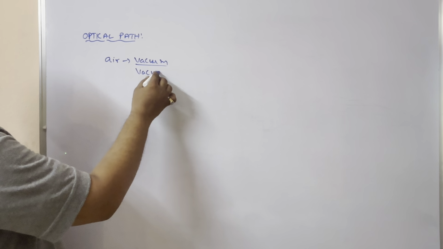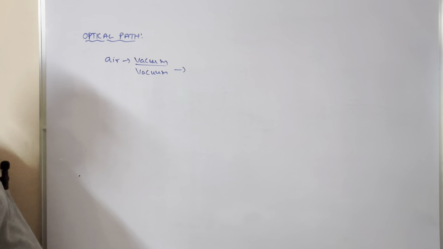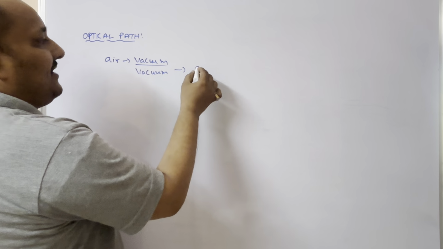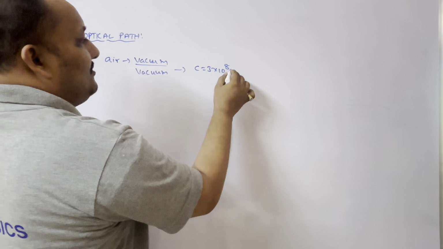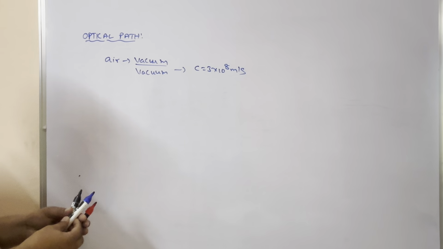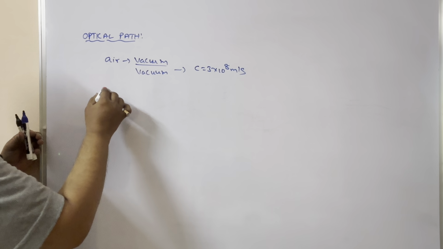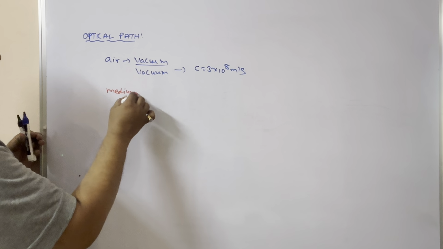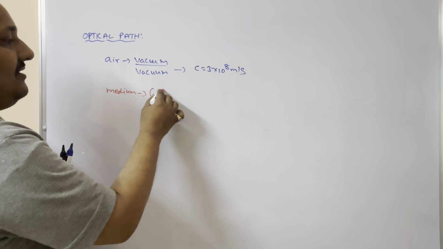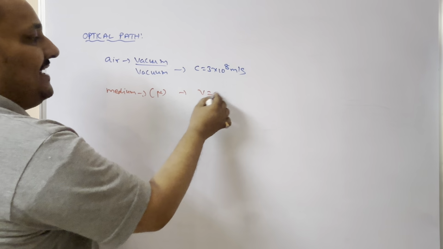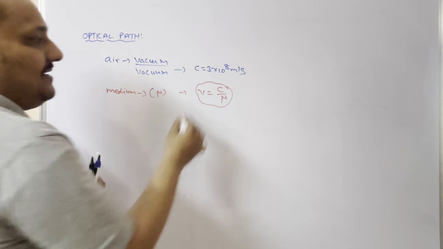So in air or vacuum, velocity of light is 3 into 10 power 8 meter per second. If you are taking velocity of light in a medium, that may be glass or water, anything, depending on refractive index, it is going to be different, that is going to be c by mu.